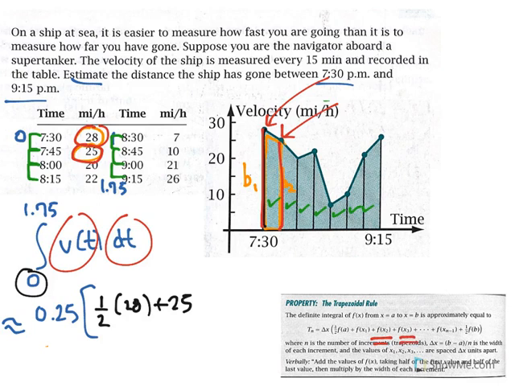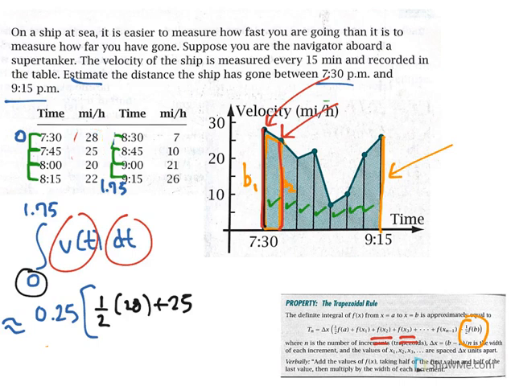plus f of x sub 2 plus f of x sub 3 until you get to the very last one, which would be the length of the second base of the last trapezoid, and you're just going to have 1/2 times that. So the other ones are not multiplied by 1/2.